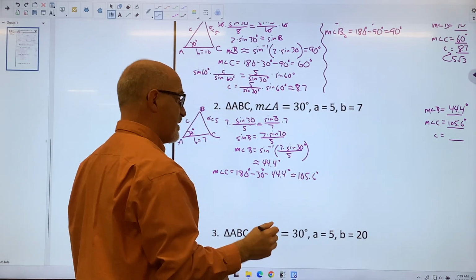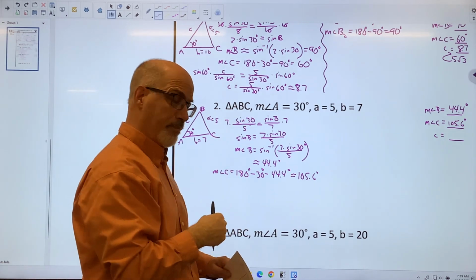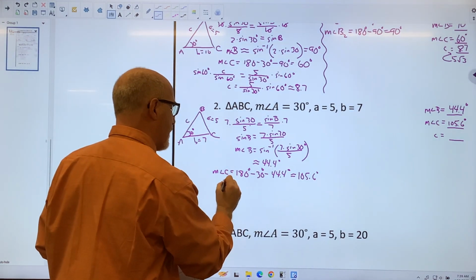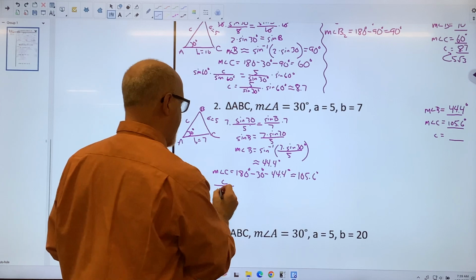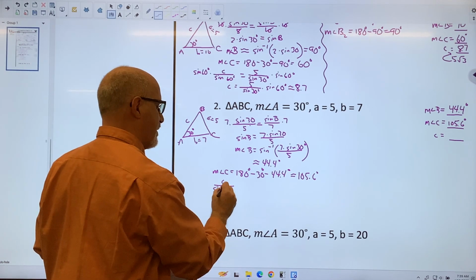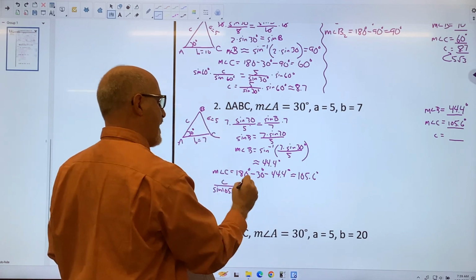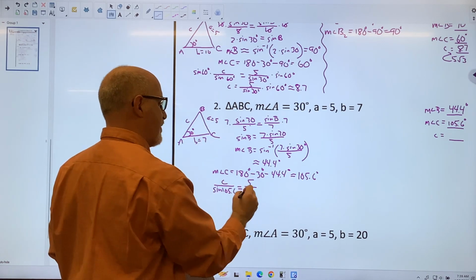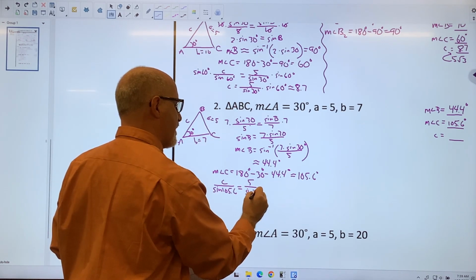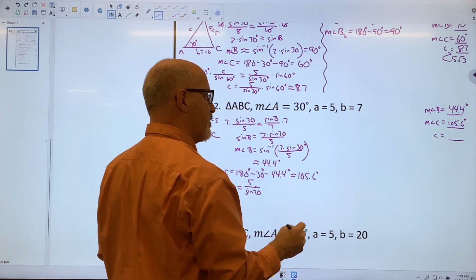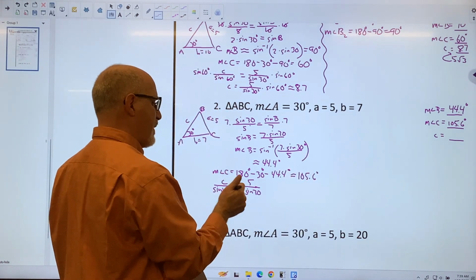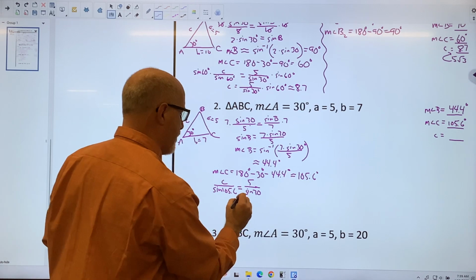Now let's find little c by doing our law of sines again. I'm going to put c over sine of 105.6 equal to my 5 over sine of 30, the original given. So go back to that instead of using the b's because those have been rounded. And now I multiply by sine of 105.6 on both sides.